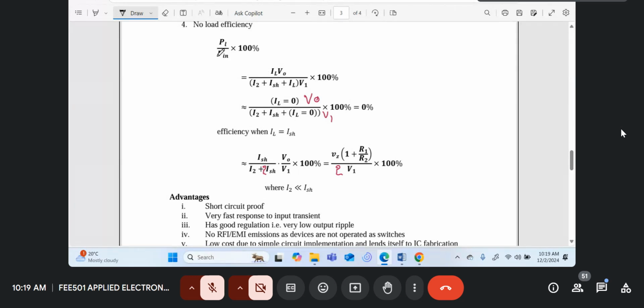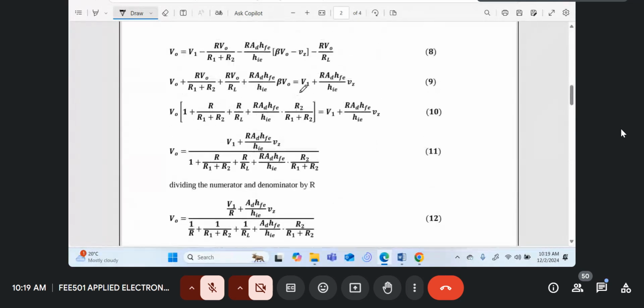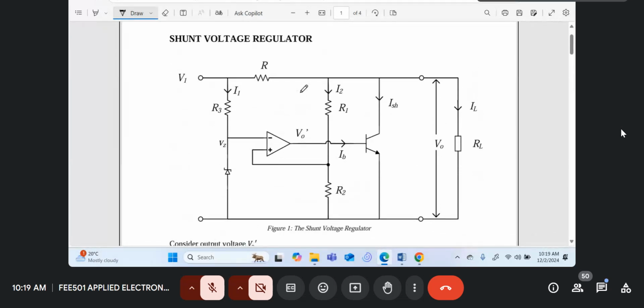Power coming into our regulator circuit is, if we just look at this circuit over here, I've neglected this I1.